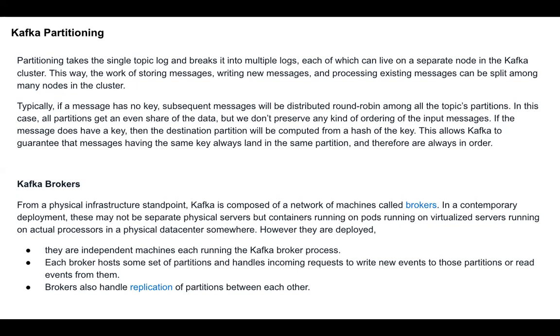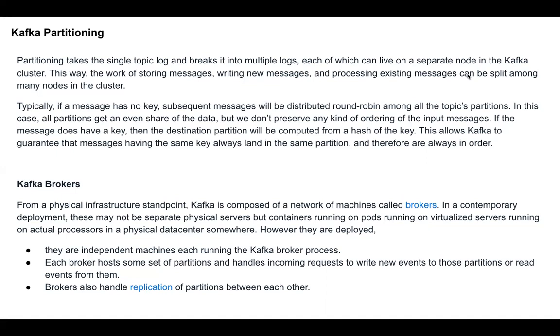Whenever a message comes, if the message has a key, Kafka will compute the hash of the key, apply some algorithm, and send it to the specific partition. If the message coming in does not have a key, then the broker or the load balancer will distribute the messages in a round robin fashion across different partitions. So partitioning takes a single topic and breaks it into multiple logs.